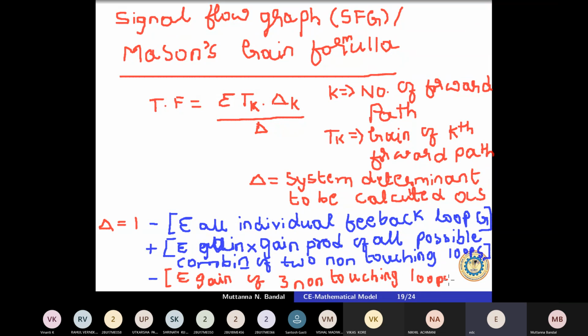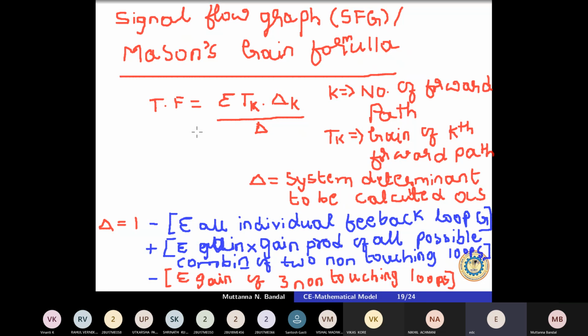I'm shortcutting this. Instead of writing the whole gain product of all possible combinations of three non-touching loops, I'm just writing the gain of three non-touching loops, so that I can accommodate it in a single slide. Now we will try to understand this transfer function.